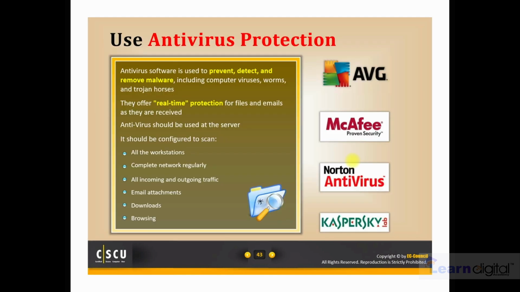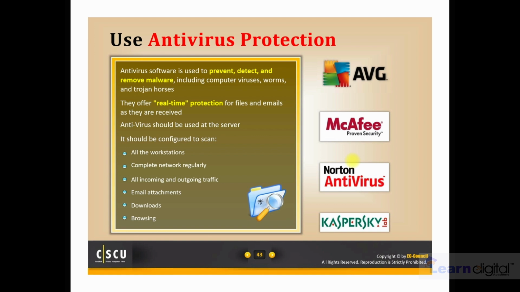You can use an antivirus program as well. Antivirus programs are used to prevent, detect, and remove malware, including computer viruses, worms, and Trojan horses. Those terms we will discuss in the next session, so don't worry about it. But yes, they offer real-time protection for files and emails as they are received. The antivirus should be used at the server level.